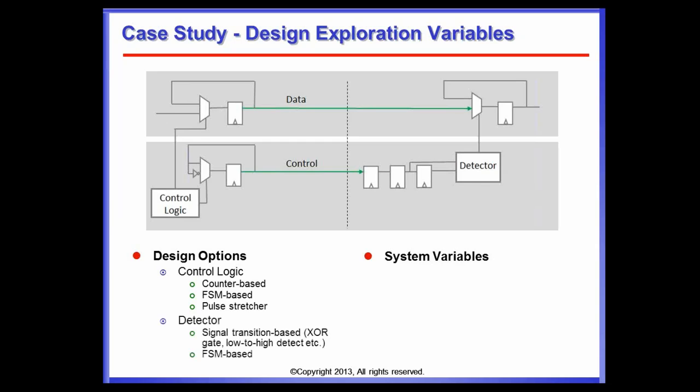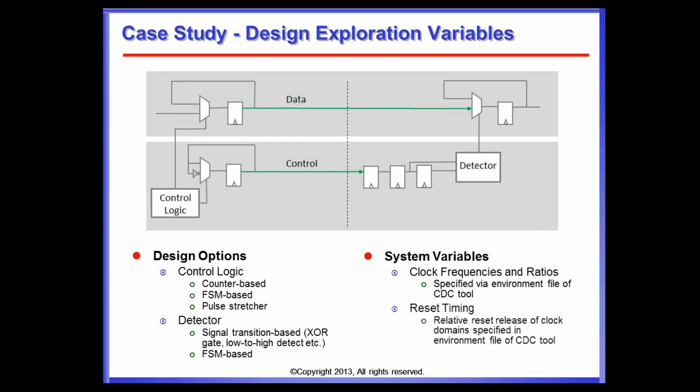The detector can be signal transition-based, like in the design I showed you before and what we use in the case study, a simple XOR gate, which you call an edge detector. Or it can be finite state machine based. The variables in the system are the clock frequency and the ratios of these clocks to each other, how they are shifted, and also an important factor, the reset timing.